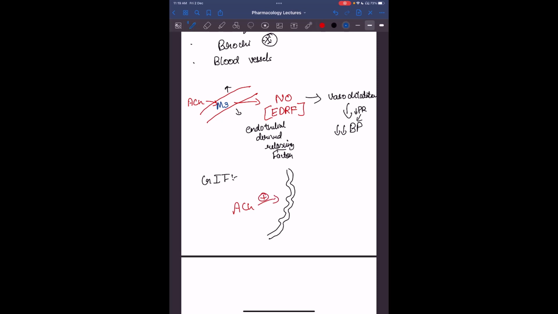It stimulates which receptor? We have the M3 receptor. So keep revising these receptors, it will be really helpful. It increases the tone of the gut, due to which there is an increase in the peristalsis, the peristaltic movement.